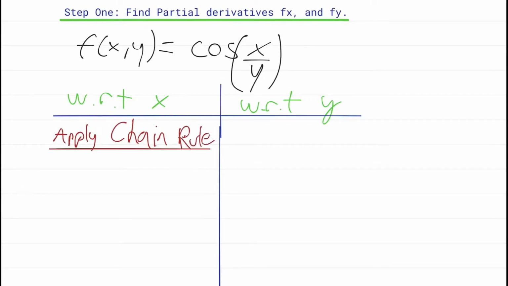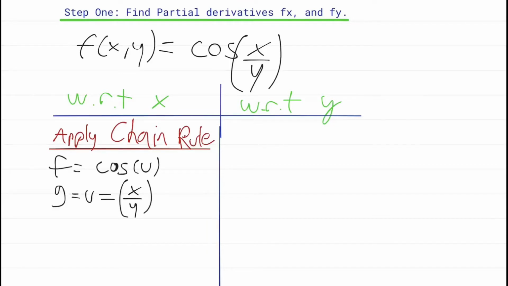We're going to have to apply the chain rule. What is the chain rule? The derivative of the outside times the derivative of the inside. Or we can set this up the proper way using f, g, f prime, g prime. Our f is cosine of u. Our g is the inside function, u, which is x over y.